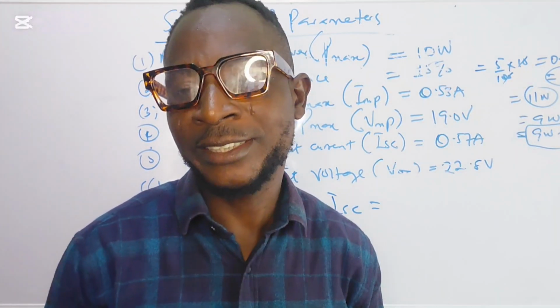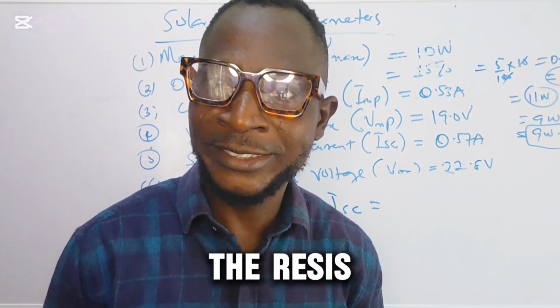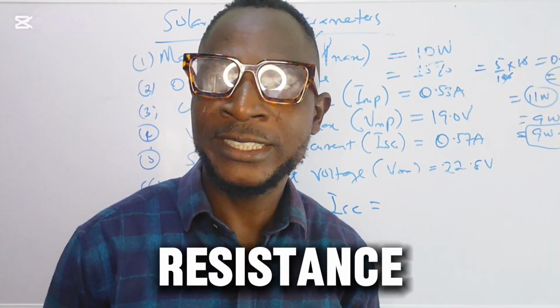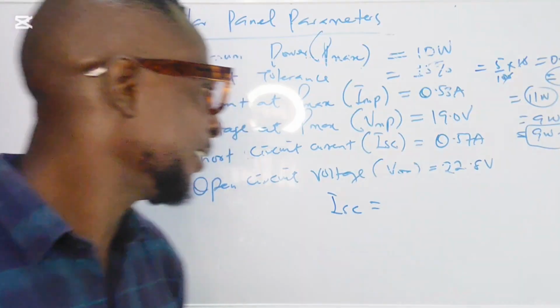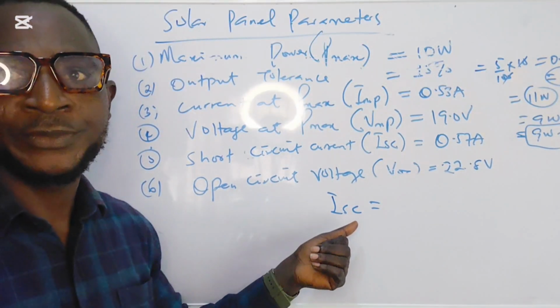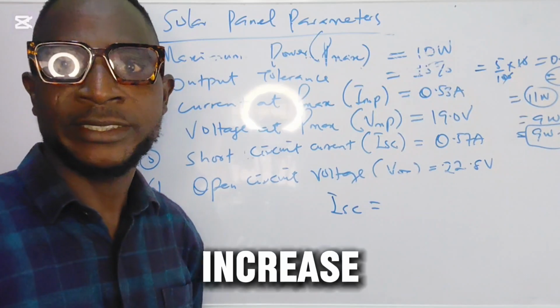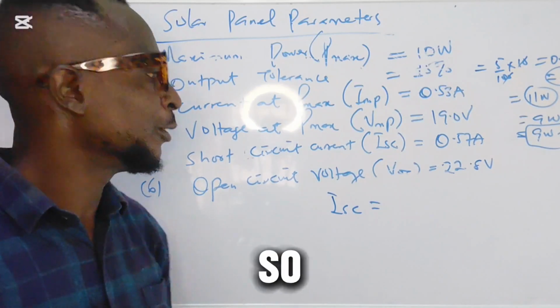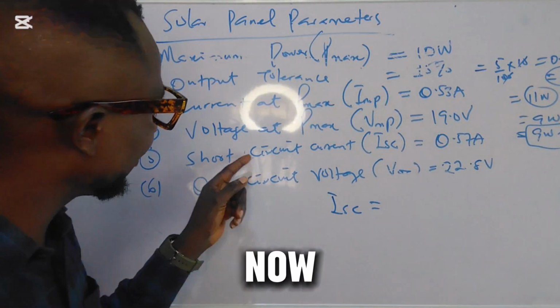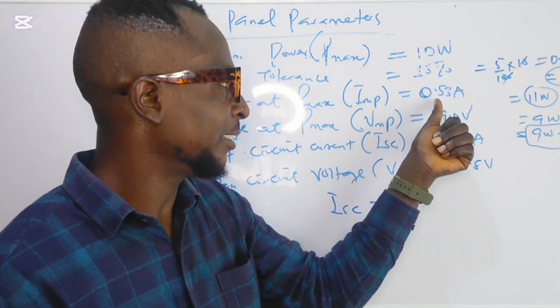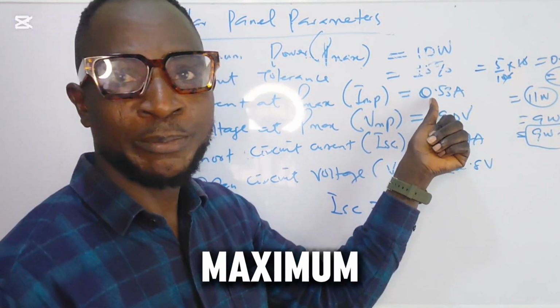And whenever a short occurs, it means the resistance at that point is 0. So the voltage will be 0, and the current at that point will increase. So the short circuit current is actually higher than the current at maximum power.